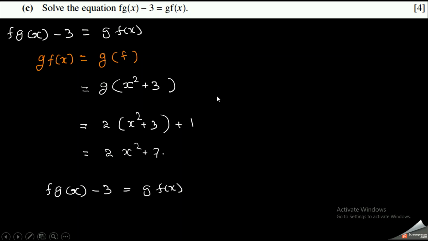Now we have to solve this equation. fg(x) minus 3 equals gf(x). fg(x) we found in the previous part of the question, right? Now we have to apply it in this and solve. So fg(x) is (2x plus 1) squared plus 3, and there is a minus 3 here, and then gf(x) is 2x squared plus 7.